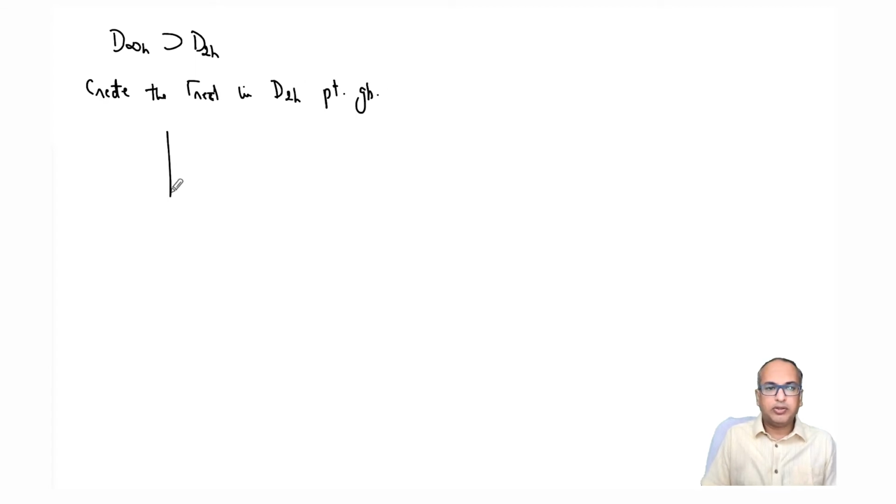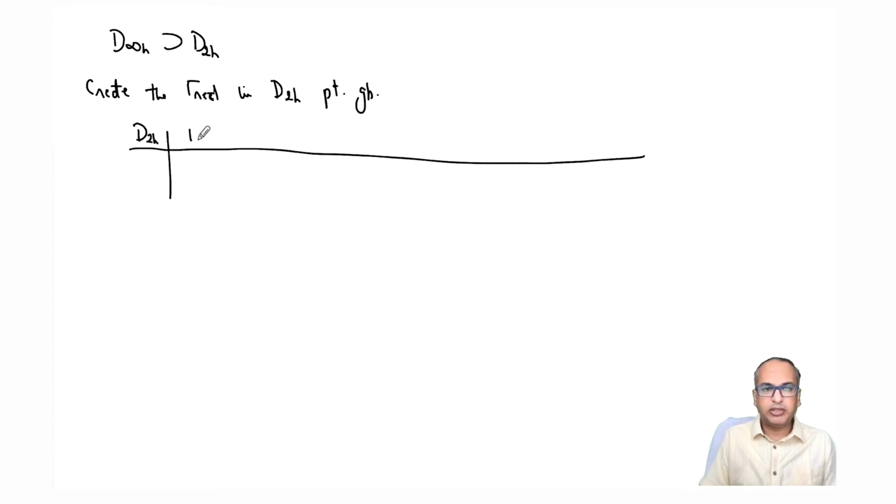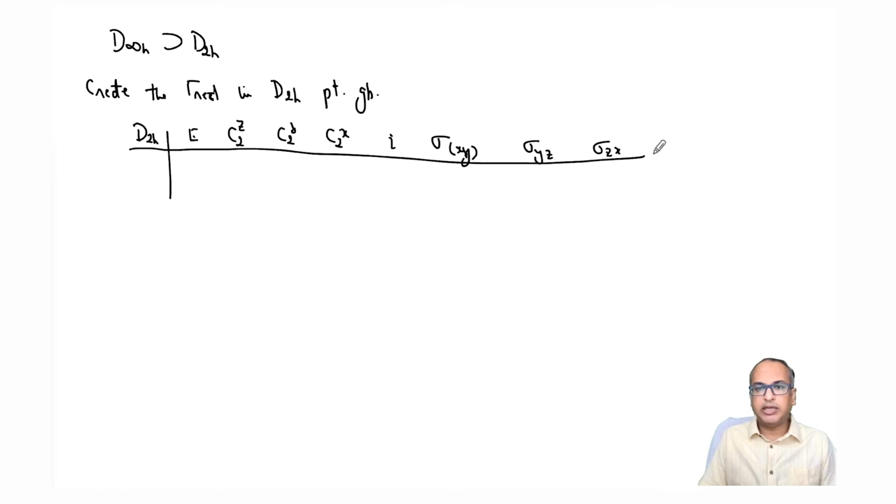Okay, so what is d2h? So let us list down the symmetry operations. So we have E, C2Z, C2Y, C2X, then we have I, sigma XY, sigma YZ, sigma ZX.